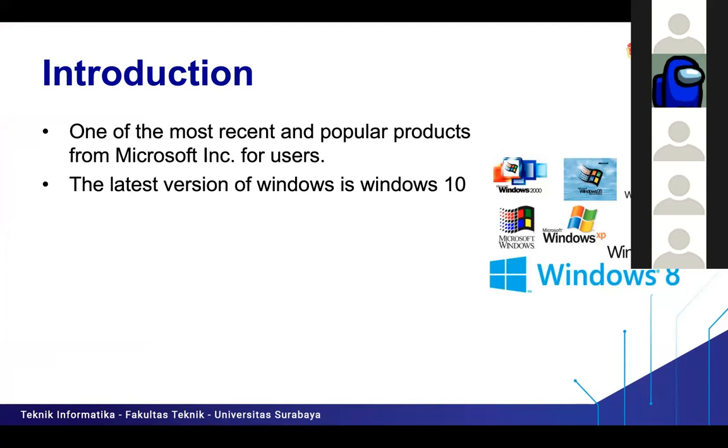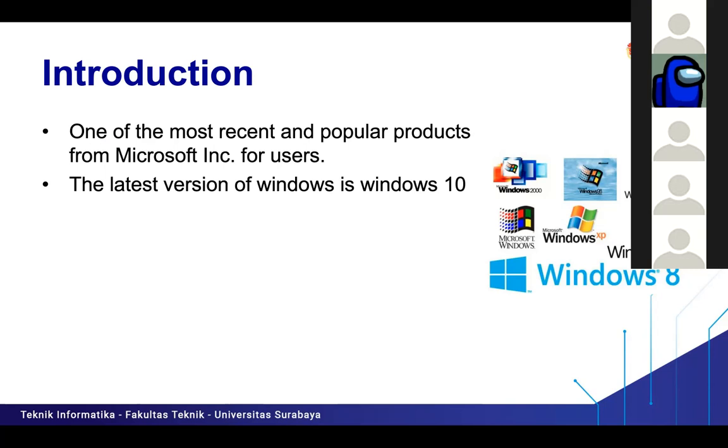As you can see right here, there are a lot of versions of Microsoft Windows: Windows 2000, Windows 98, Windows Vista, Windows XP, Windows 7, and Windows 8. The newest version of Microsoft Windows is Windows 10.